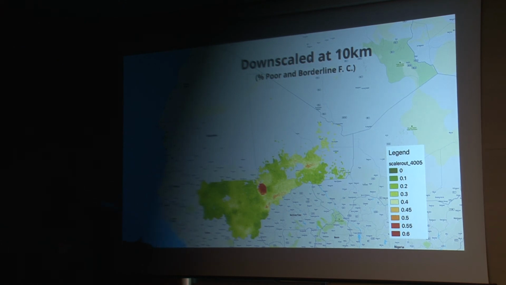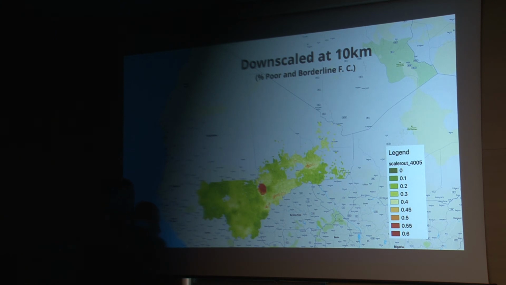We prefer that. But the thing is that when we do it at 1 kilometer, we have to download many more images to put in the neural network. So it takes a lot of time, because for each pixel we're downloading an image from Sentinel-2 through Google and putting it into the neural network to get the features. And for those that know a bit about deep learning, neural networks are very expensive computationally.